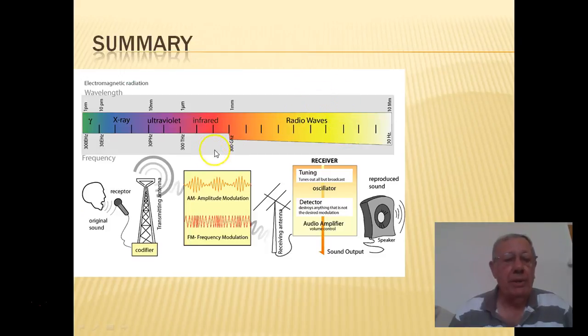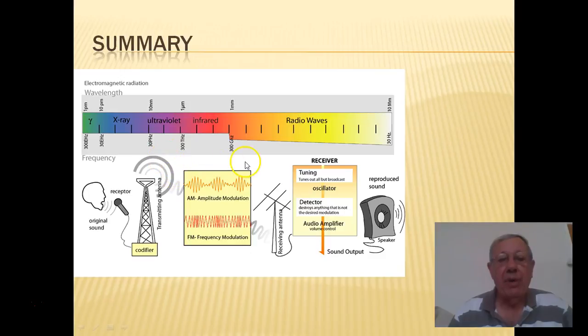Let's just summarize. What happens in the creation of our radio is, first of all, we have something which creates sound. It goes into our transmitter, and inside the transmitter, it's either amplitude modulated or frequency modulated. It then creates the radio waves.